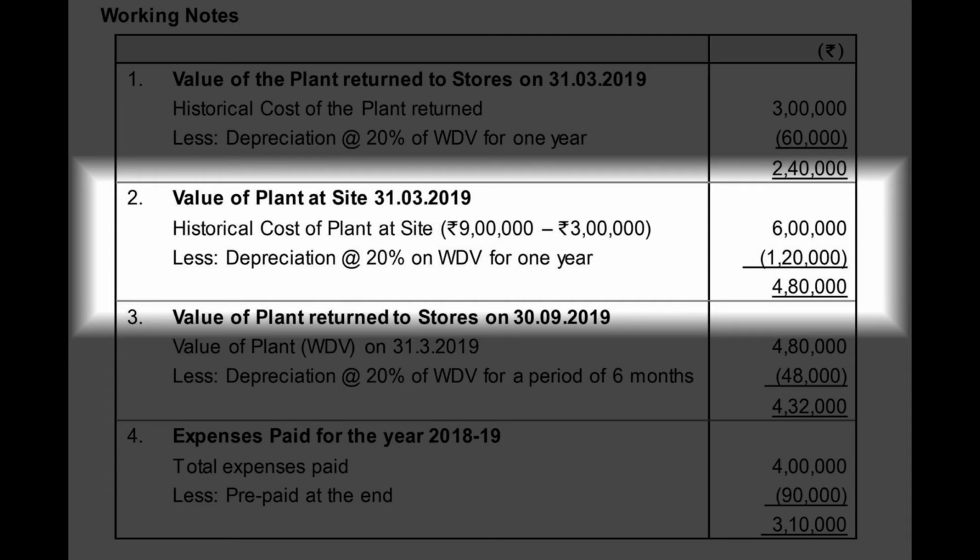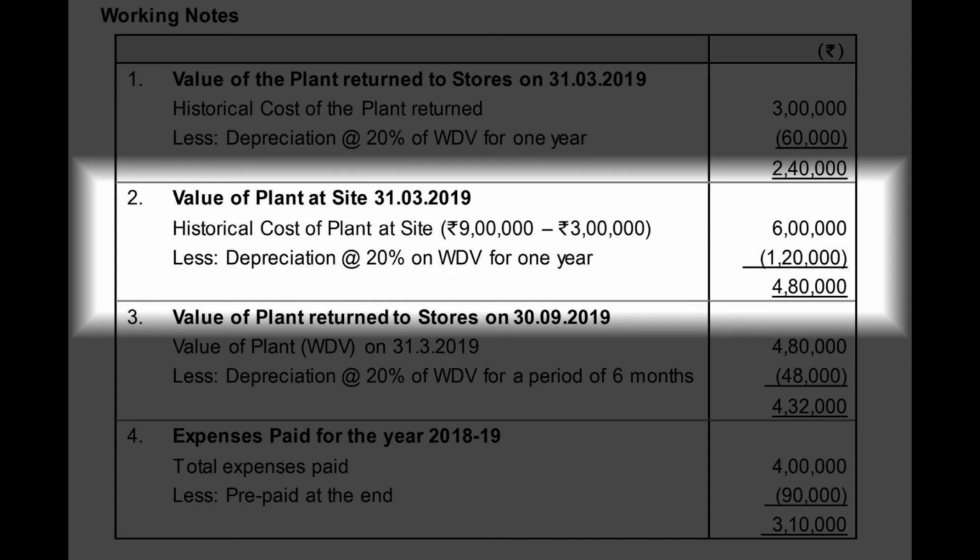For that we have to provide depreciation at the rate of 20% on written down value. Calculate depreciation 20% on 6 lakh. So 6 lakh into 20% is what? 1,20,000. So write depreciation is 1,20,000. So deduct depreciation from historical cost of rupees 6 lakh.